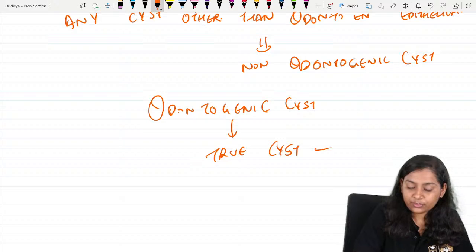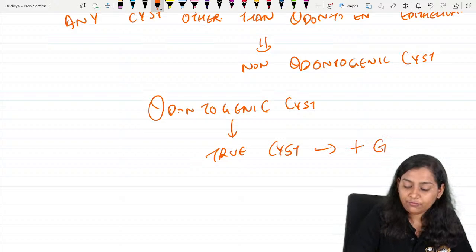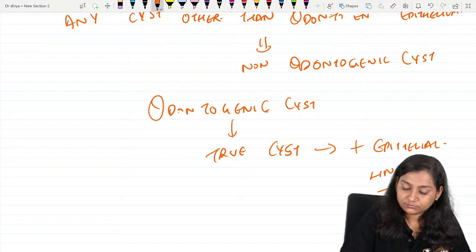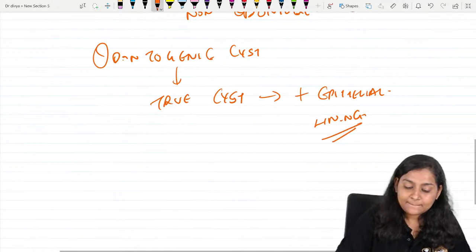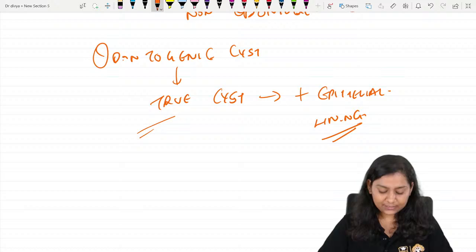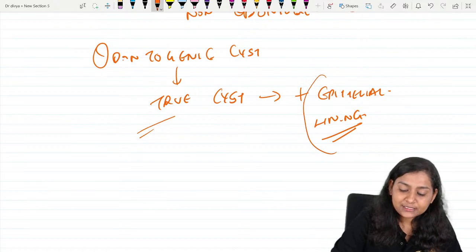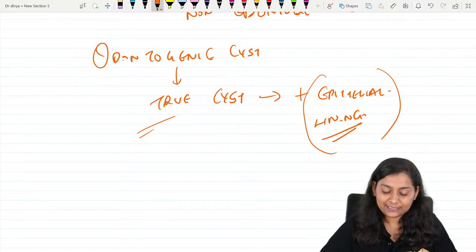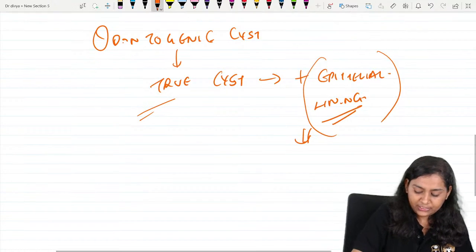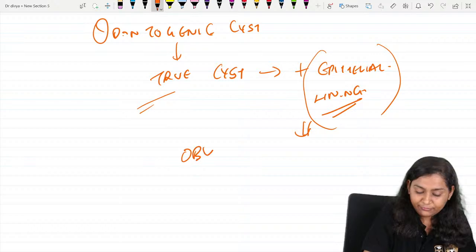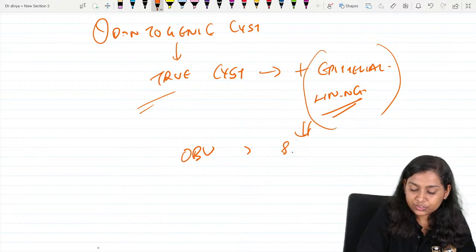We know that in a true cyst, there is a presence of epithelial lining. Now coming to the question, what is the source of this epithelial lining? The source of the epithelial lining will obviously be from the structures which are involved in the development of the tooth.